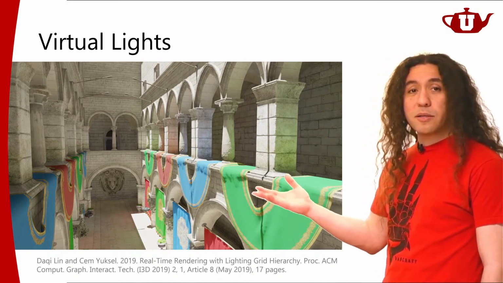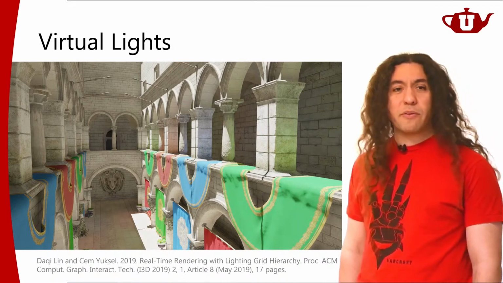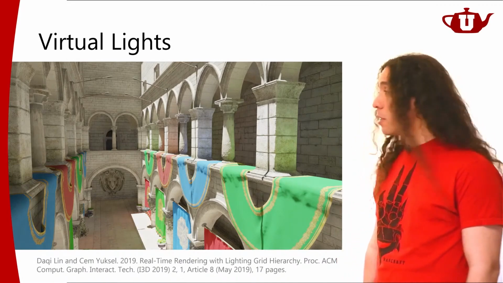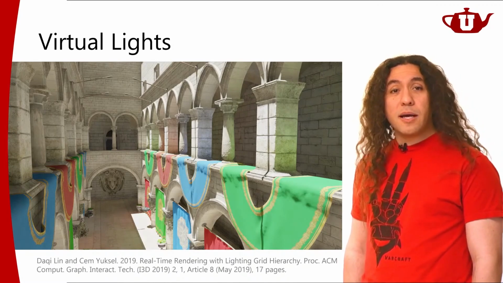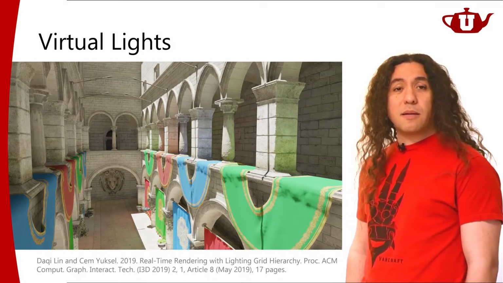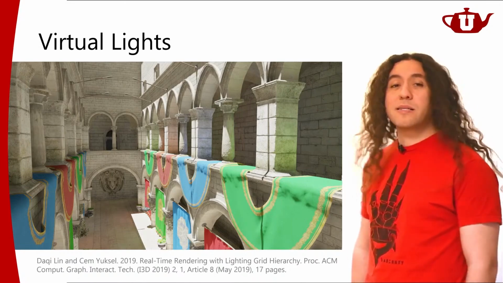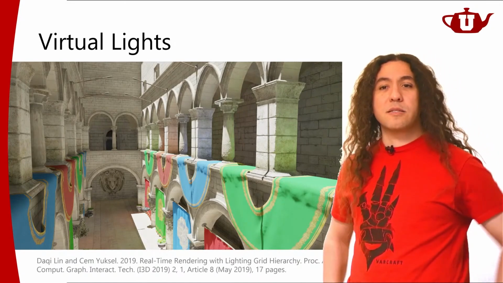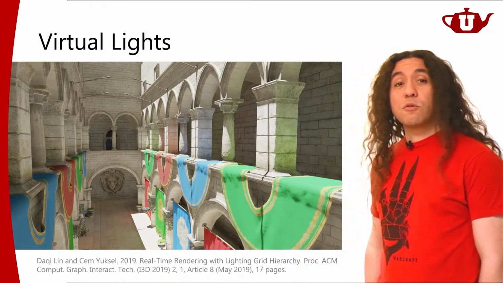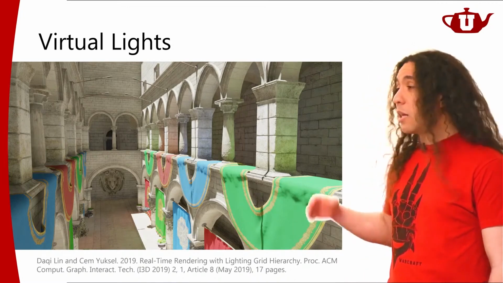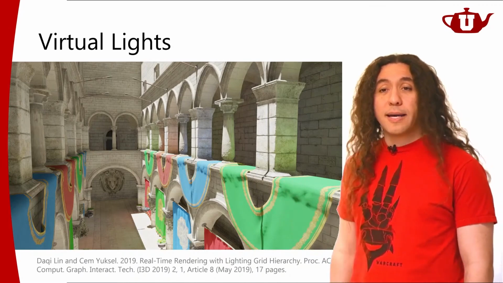And here's an example of global illumination computed using virtual lights, quite a few light sources. I don't remember the exact number here. But this is a scene that we could render in real time. The reason we can do this in real time is that we're using this lighting grid hierarchy technique that builds a hierarchy of light representations that allows you to use lower resolution lighting estimation for lights that are far away, and for lights that are closer by, you can use a higher resolution lighting estimation.